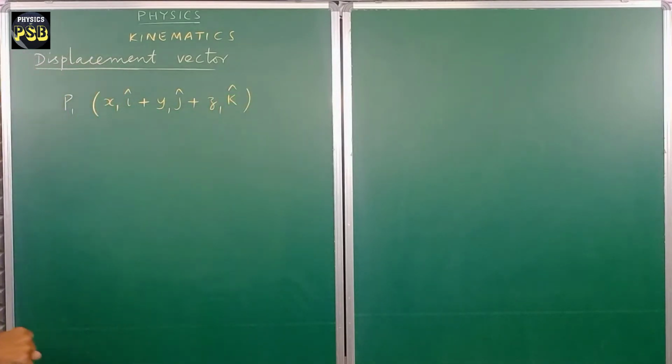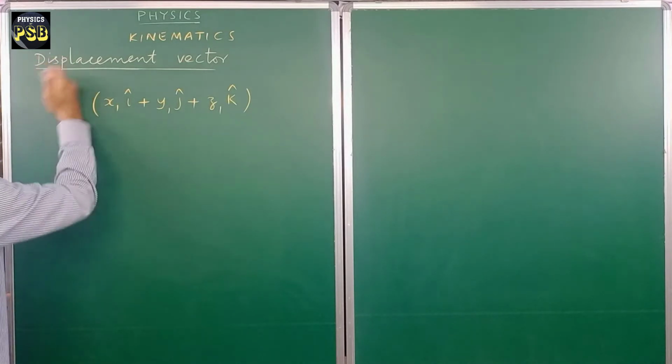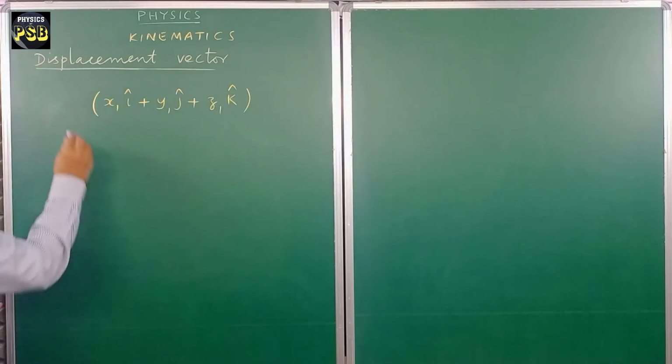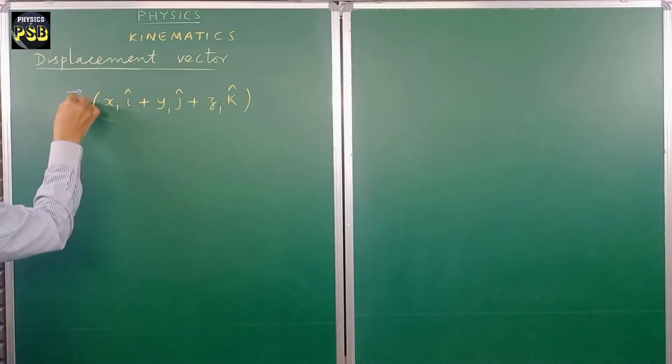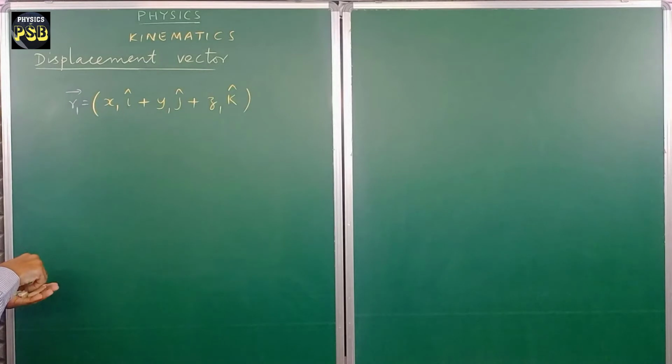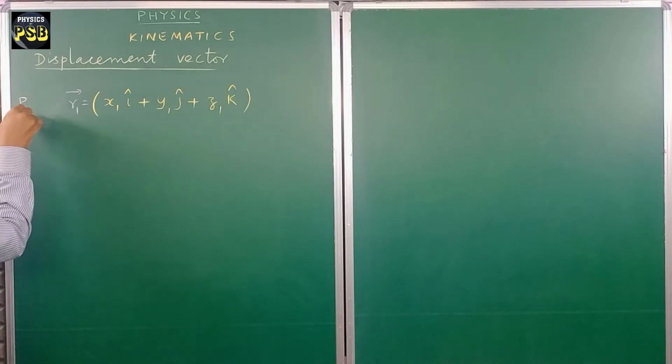This is the position vector of the object at point P1. Here, for convenience, I represent this by the letter R1 vector. This is the position vector of the object at point P1.